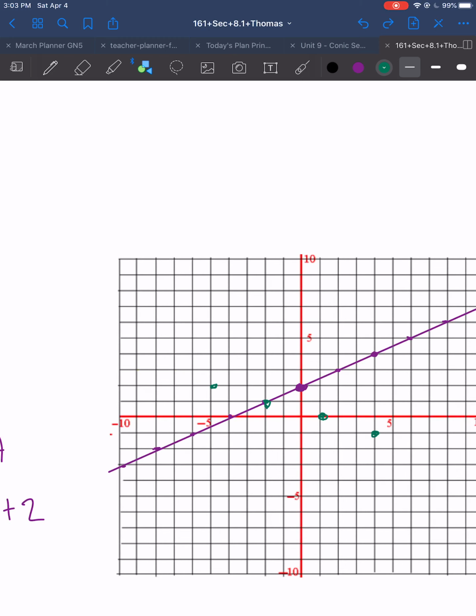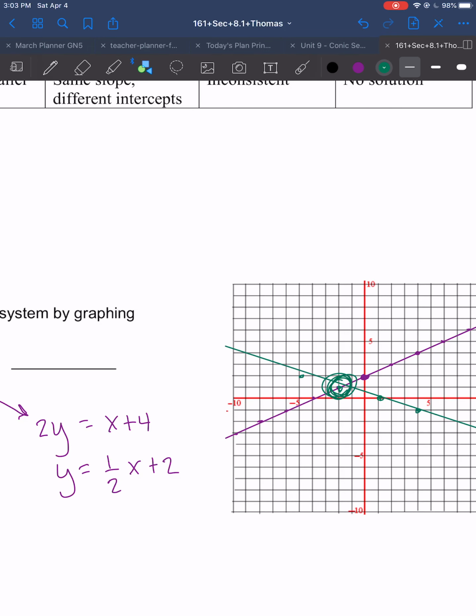Let's zoom in a little bit. Well, you're getting the point. This point right here is the intersection point of the two lines, and that point is, I should make it 2, 1. -2, 1 is my answer.